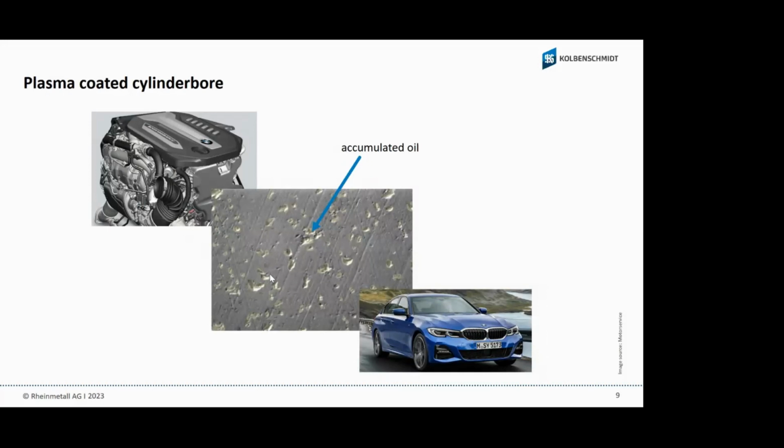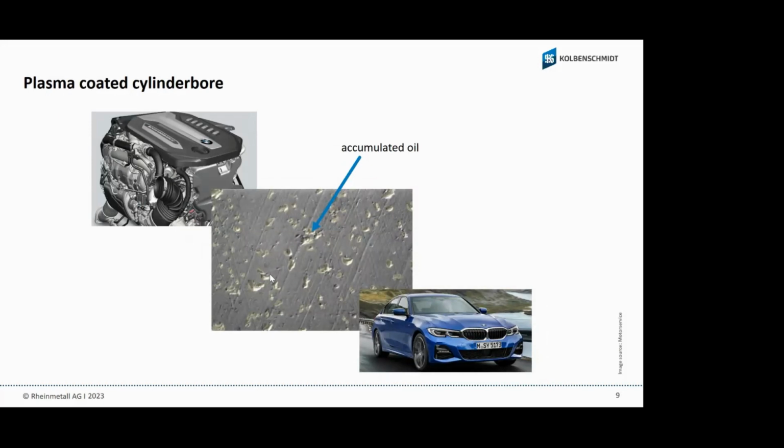This is, I would say, a completely different overview of the surface. We now have holes inside, and in these holes, these bubbles in the surface, the oil stays and is clamped on the surface.